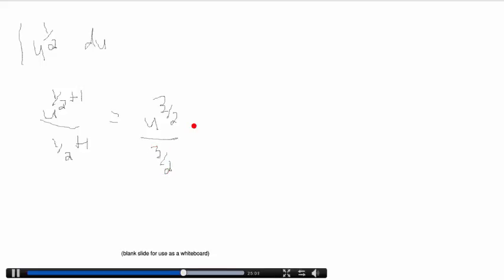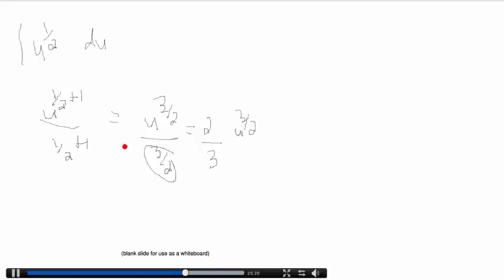But this is 1 upon 3 upon 2. So the denominator can be written as 2 upon 3 u to the power 3 upon 2.